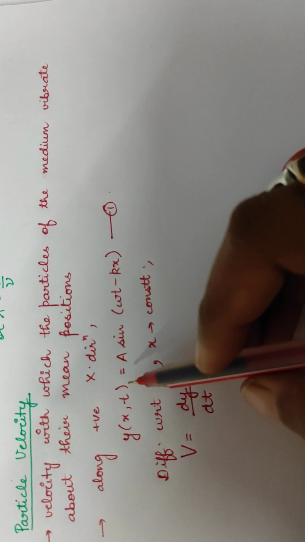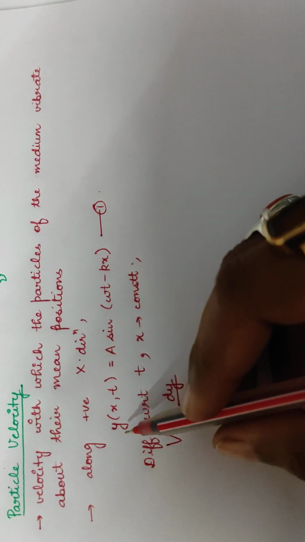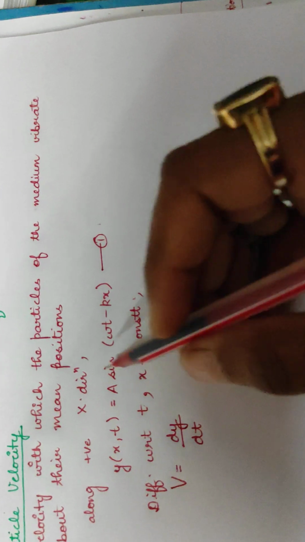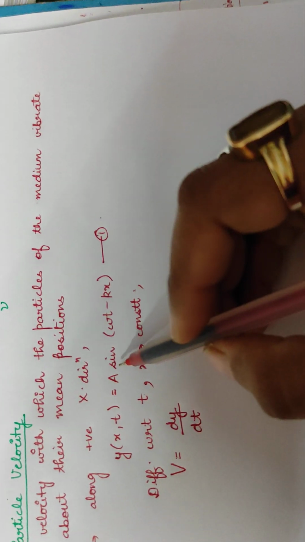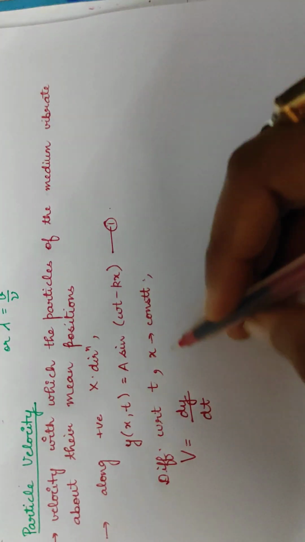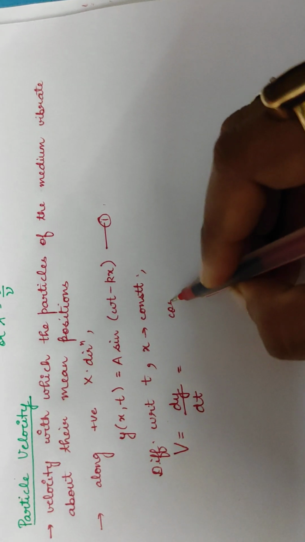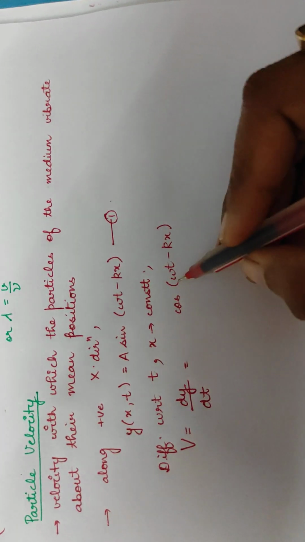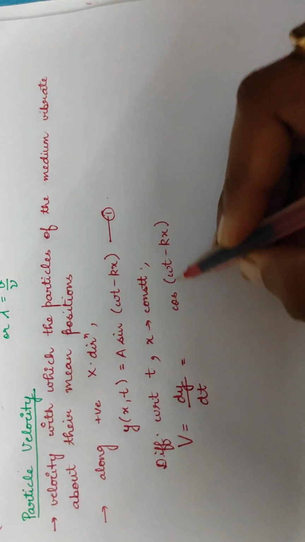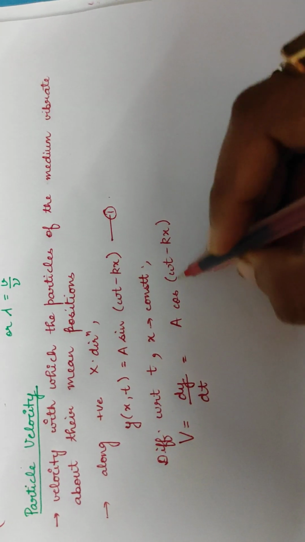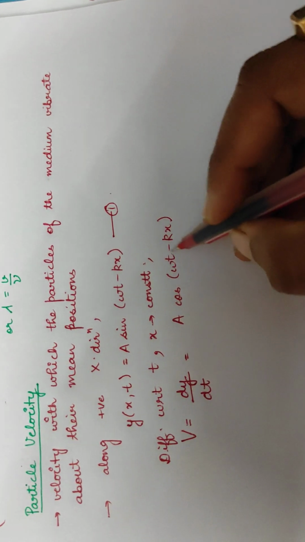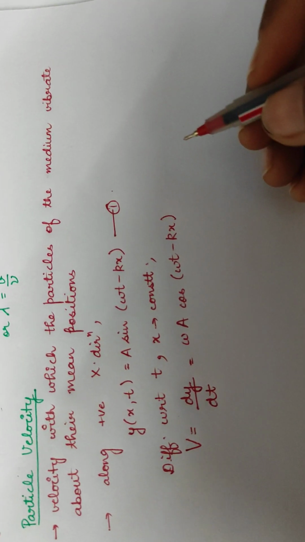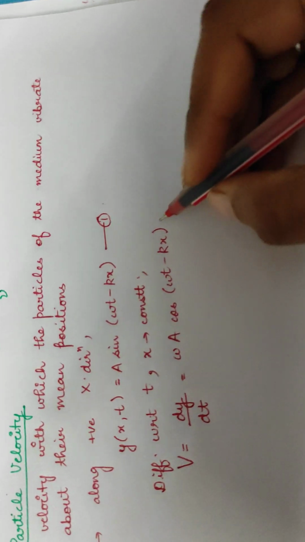That is why on differentiating y with respect to t, we get the particle velocity, which is equal to, first of all, sine will give us cos omega t minus kx. As we are differentiating with respect to t, the argument also gets differentiated, and we are left with omega. So this gives us omega a cos omega t minus kx.